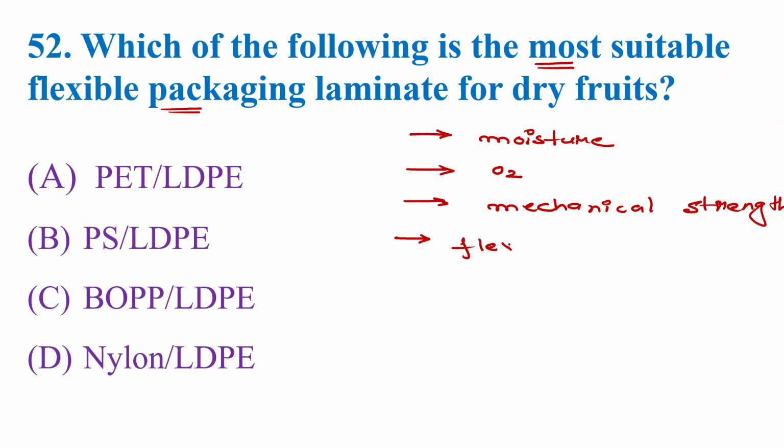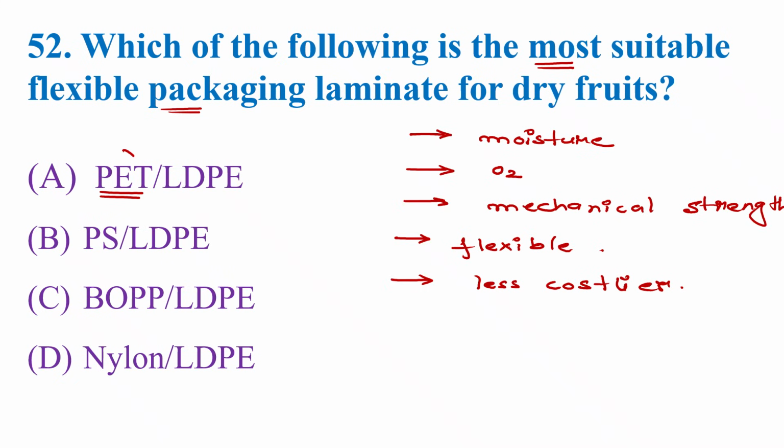On top priority, it should be less costly. Now, the first one, that is PET and LDPE. PET is a good one, but it is costlier and more rigid. So it is over-designed for simple dry fruits, so PET will not be the correct option here.